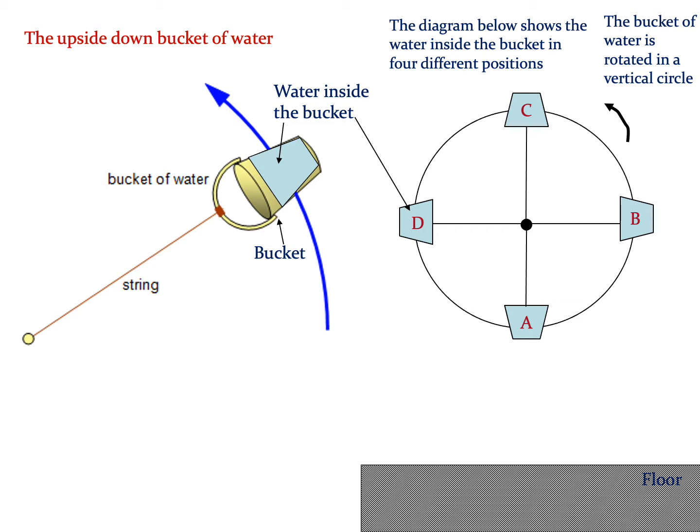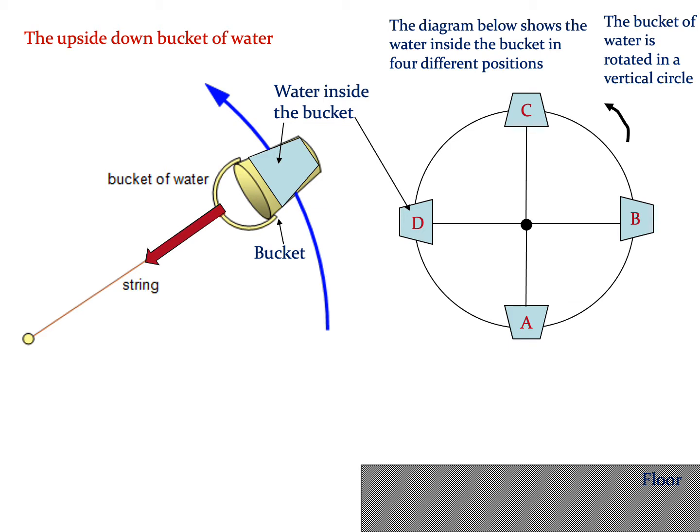So the water begins at the bottom of the circle, position A. It then swings round as we see it, anti-clockwise into that intermediate middle position B, then carries on up to the top of the circle, position C. At that point, of course, the bucket is upside down, and then it continues on its way down to the other intermediate position D, and finally returning to the bottom of the circle at position A again. So that's the uniform circular motion described by the water.